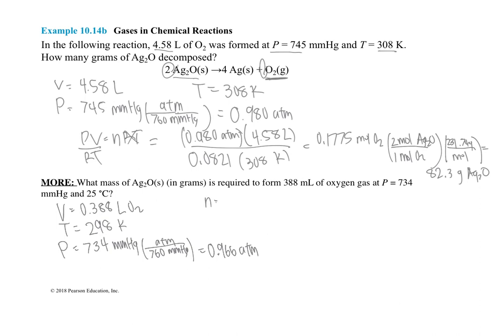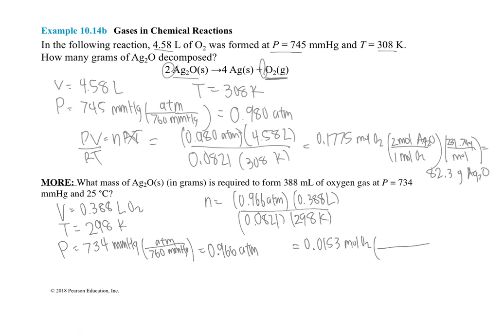So now I can find moles again. So moles equals pressure times volume over gas constant times temperature. So I find out my number of moles of oxygen is 0.0153.